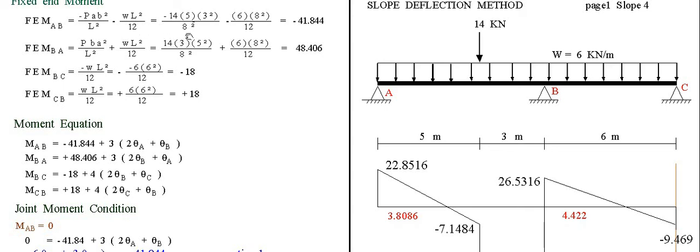So substitute minus 14 times the near distance from A, which is 5, times 3 square over 8 square. This is 14 times 5, the near distance from A, then 3 as the far distance from A square, divided by 8 square, the span.